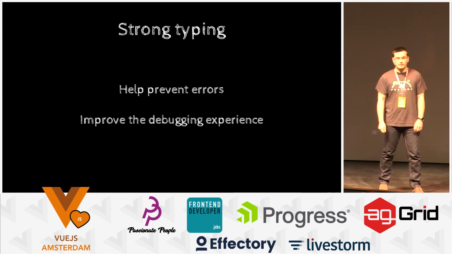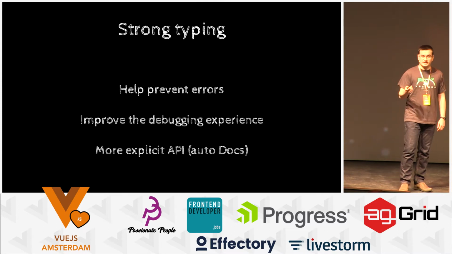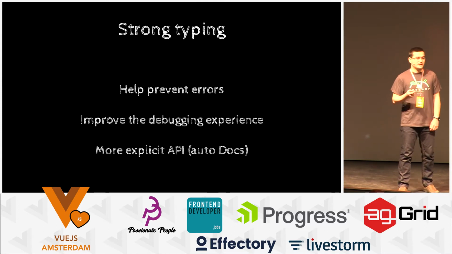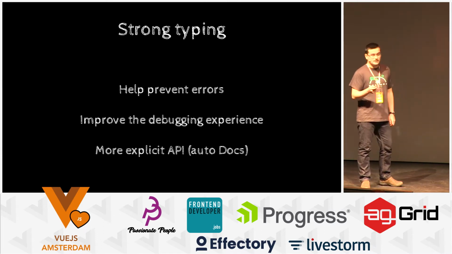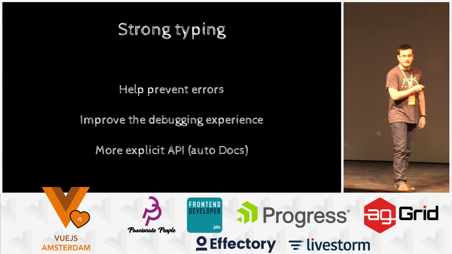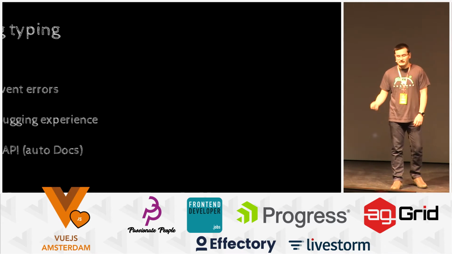It can also provide you with debugging tools and also be more explicit, which means better communication between your front-end and back-end teams. And it also can generate docs on the fly in real time, so it's great.